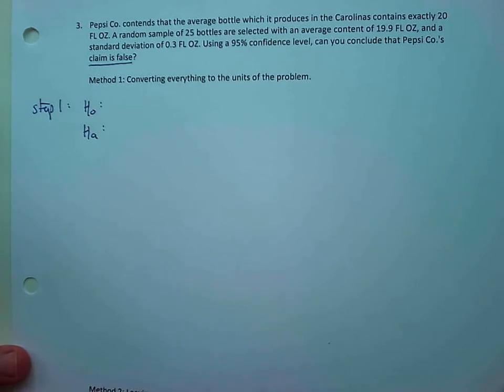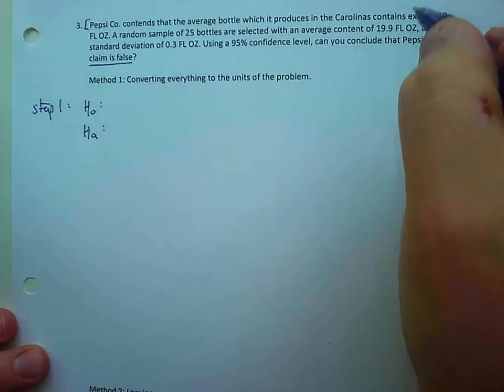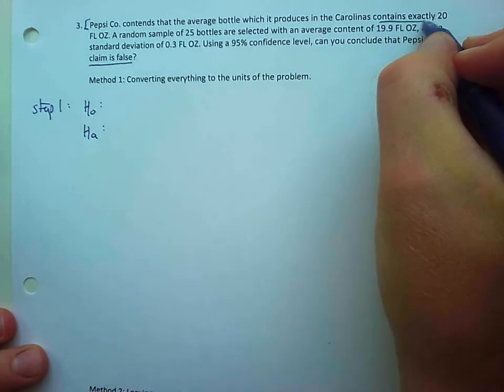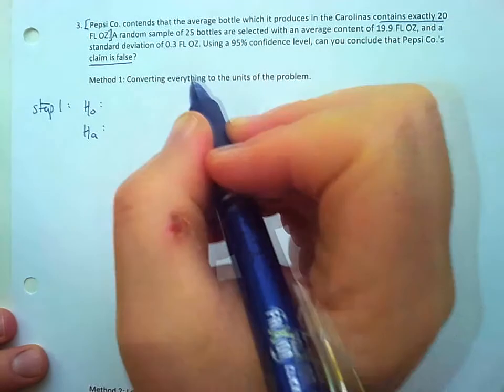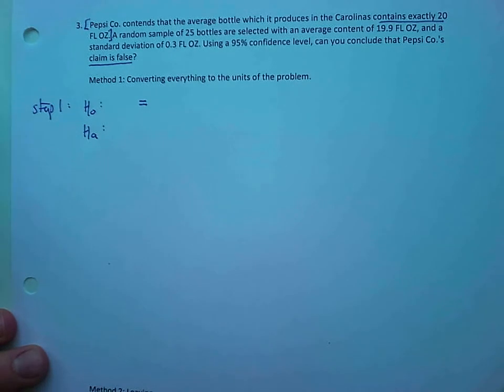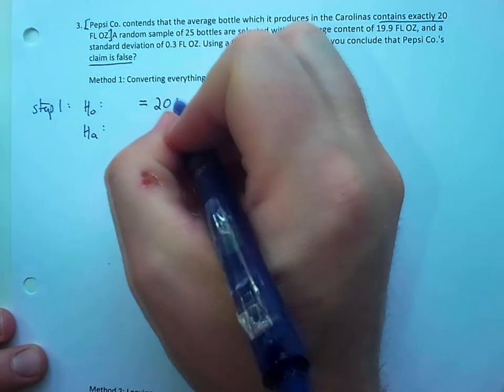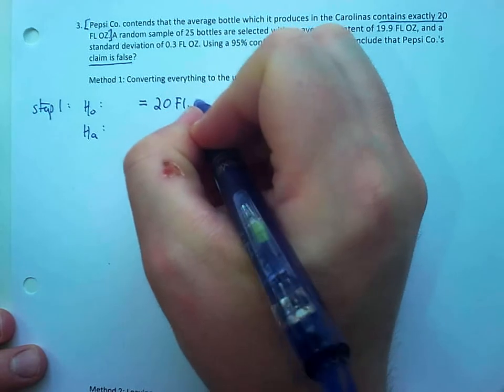The first of which is, is there a statement which contains equality? So here, do we have such a statement? And we do. In the first sentence it says that PepsiCo claims that each bottle contains exactly 20 fluid ounces. So that's equals to, and because we have equality, it becomes our null hypothesis. So therefore, this is going to become equals to 20 fluid ounces.